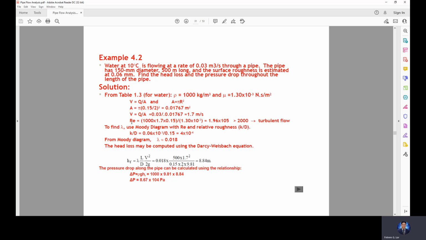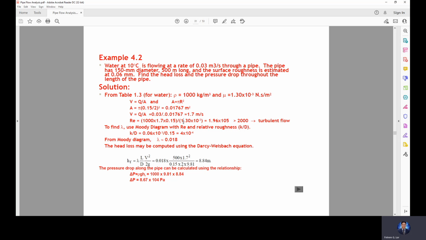So determine the Reynolds number: density times velocity times diameter divided by the dynamic viscosity mu.